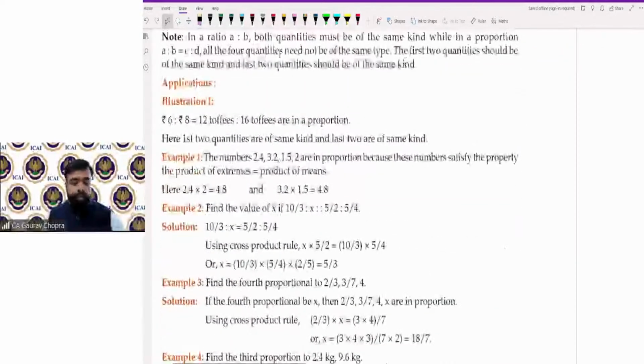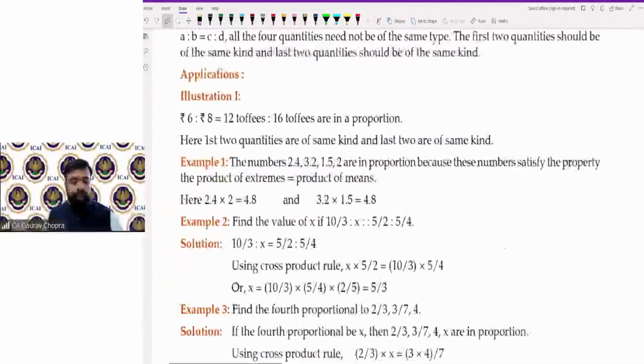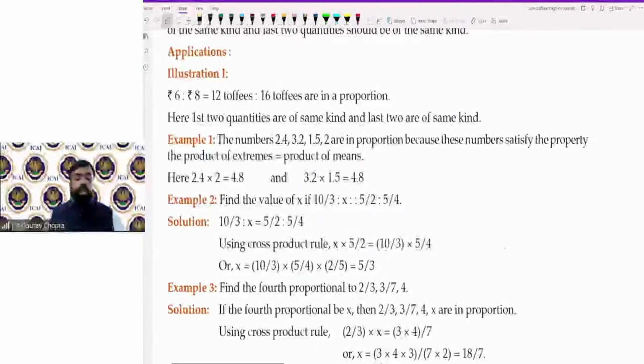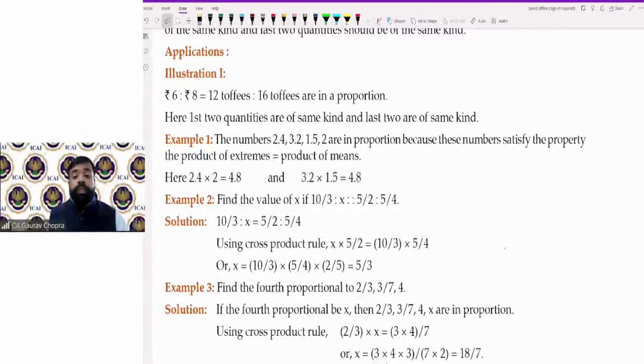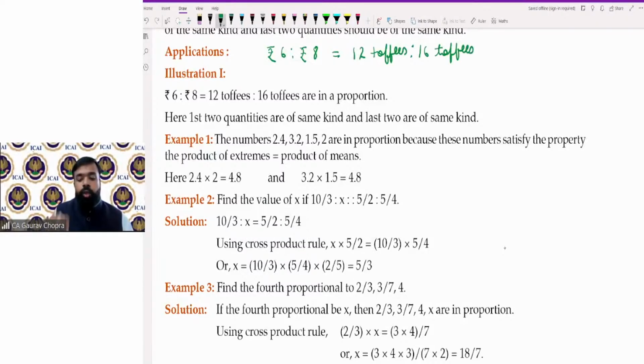Now let's come to illustration number first. Illustration number first is ₹6 ratio with ₹8 equal to 12 toffees ratio 16 toffees.